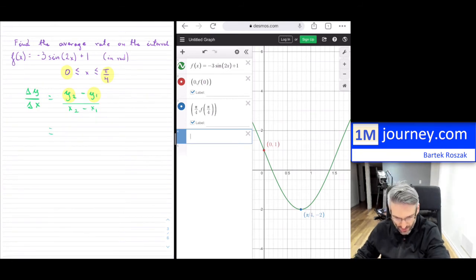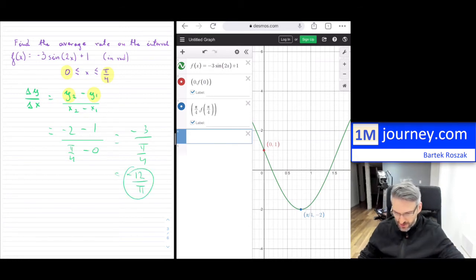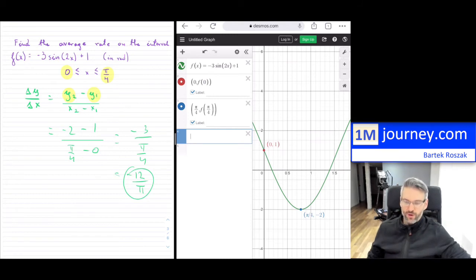So y2 is -2, minus negative, this would be 1, all over pi over 4 minus 0. So notice this is negative 3 all over pi over 4, which really is negative 12 over pi, right? So that would have been our particular slope. That's the average rate between those points.